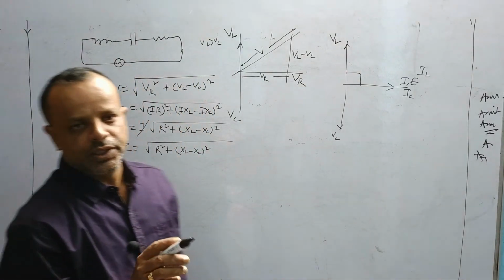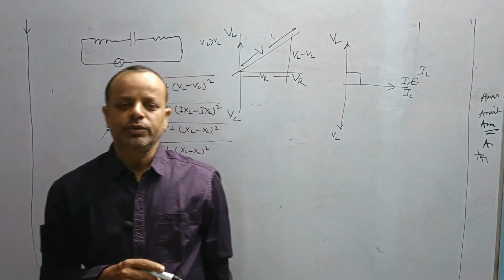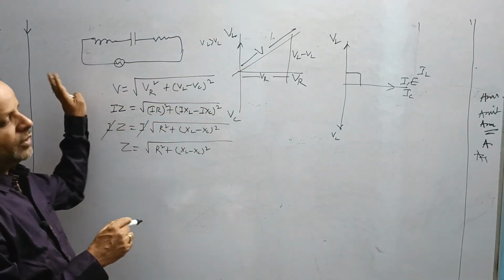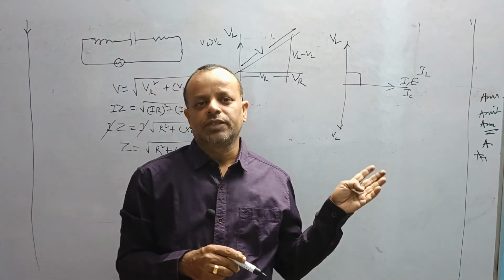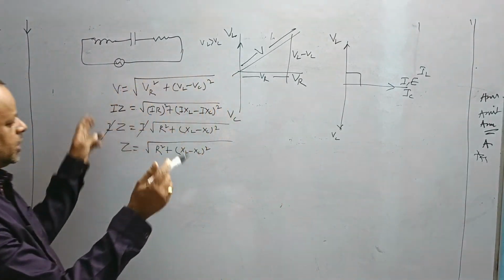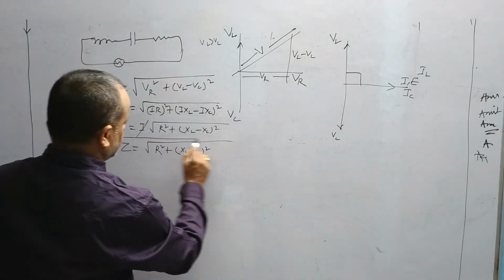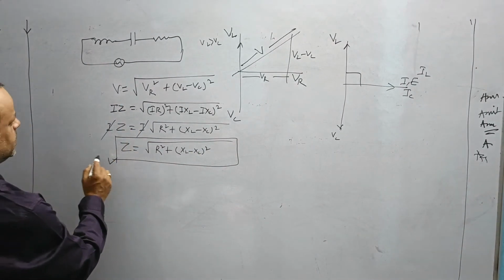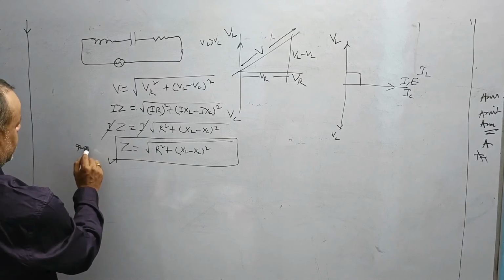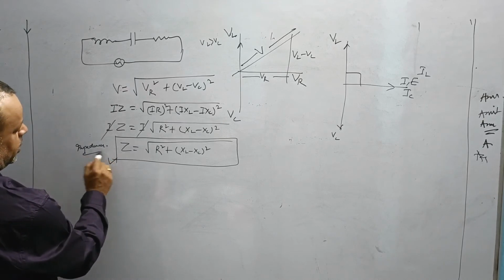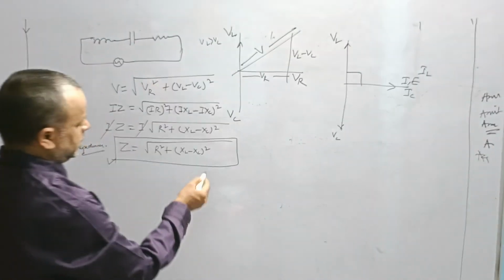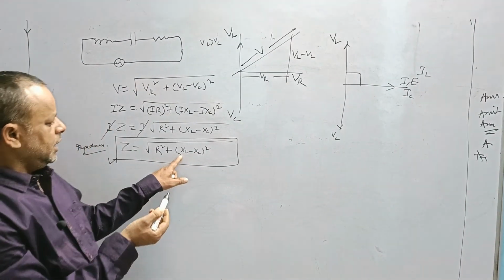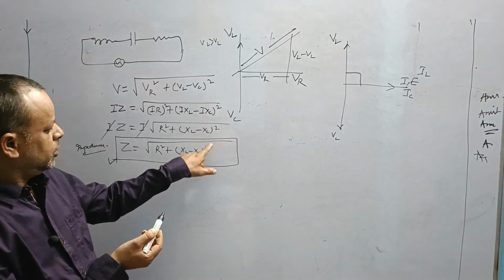The total resistance in the LCR circuit will be equivalent to the impedance of that circuit. That is, we have inductor, we have capacitor, we have resistance. It all results in, if we take out the total resistance, Z, that is impedance, and it will be equivalent to the square root of resistance square plus the difference XL minus XC whole square.